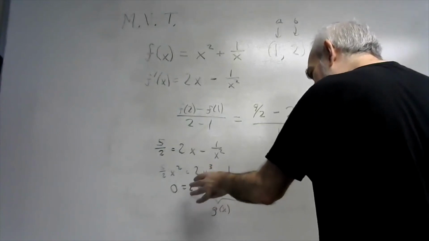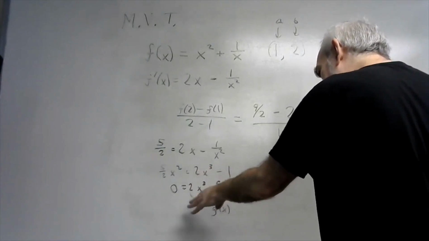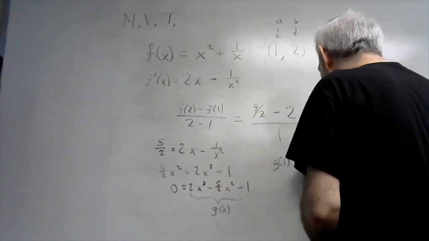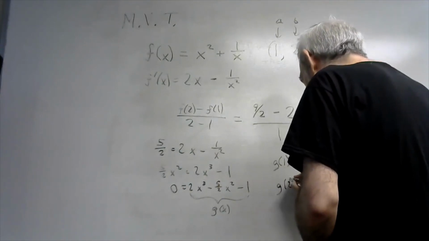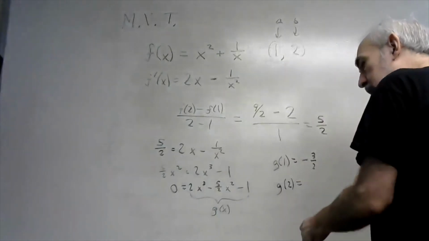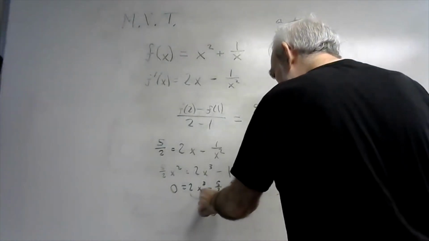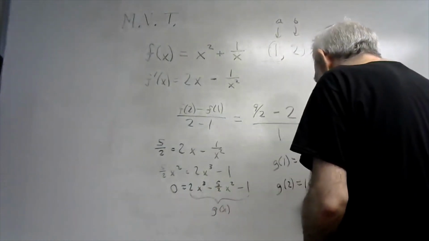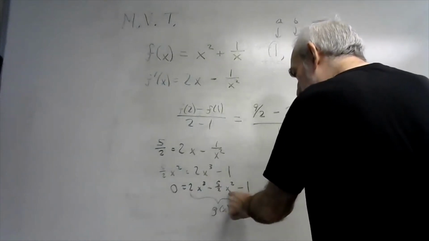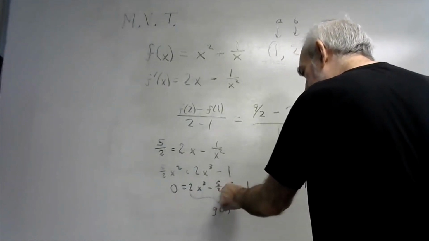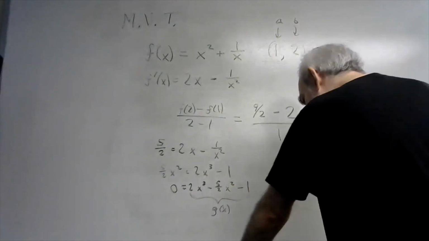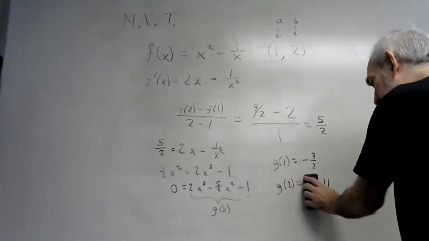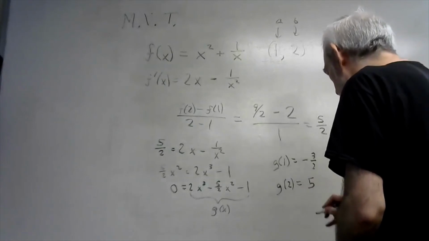That's 4 halves minus 5 halves, which is negative a half, minus another 1 is negative 3 halves. Next, let's look at the value of g at 2. 2 cubed is 8 times 2 is 16. 2 squared is 4 times 5 halves is 10, so that's minus 10. And then minus 1, that'll be minus 11. And 16 minus 11 gives us 5.